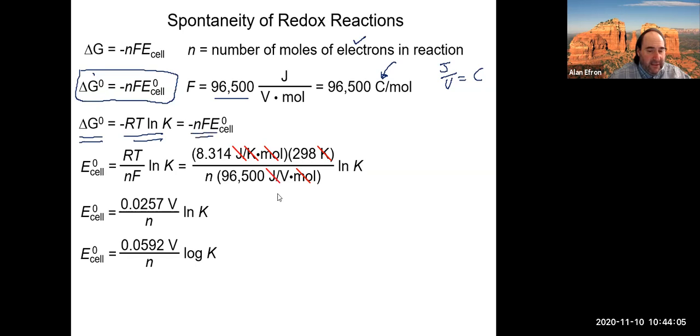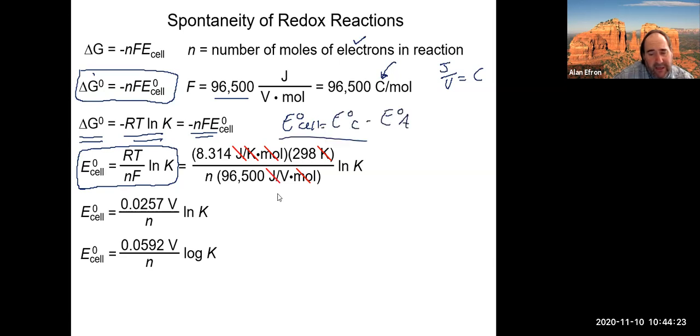Now, if we look at our delta G that we saw from the previous chapter, we could also set it equal to this, and we get another equation that relates E of the cell to the equilibrium constant, K. E of the cell here is the one that we've been talking about. That is our cathode minus our anode. Again, in most cases, you would look up the values and calculate that, how we did on the previous couple of examples.